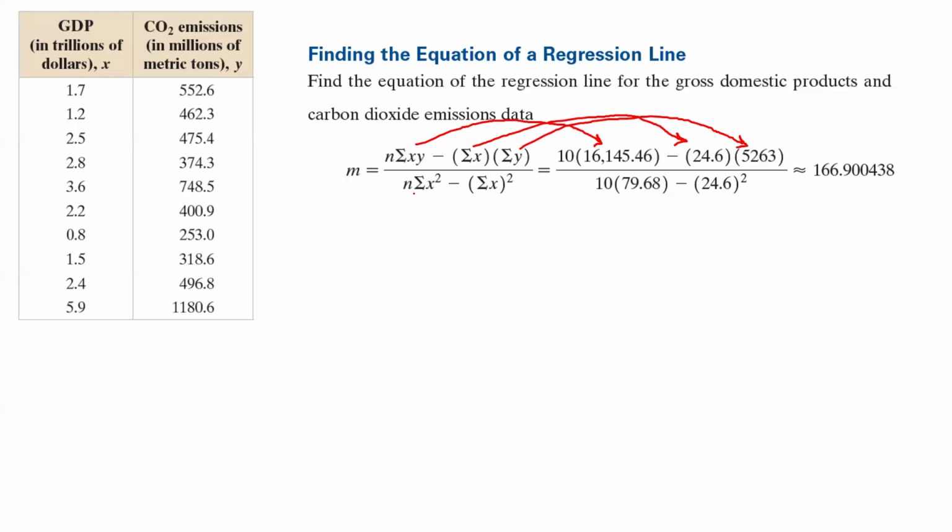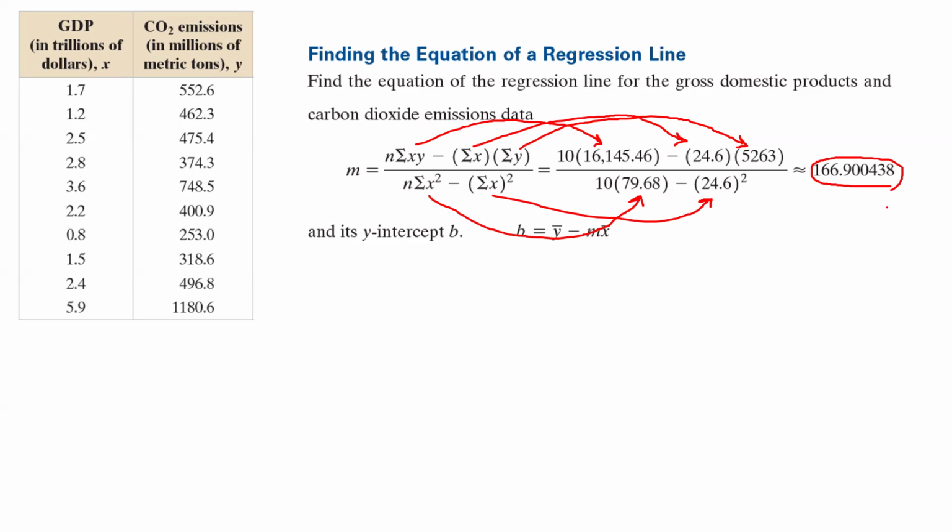On the denominator, again, n is 10. x squared, all added together, is 79.68. And sigma x, which is the sum of all x values, is 24.6 raised to second power. So m, or the slope of the line, is positive. It is 166.938.